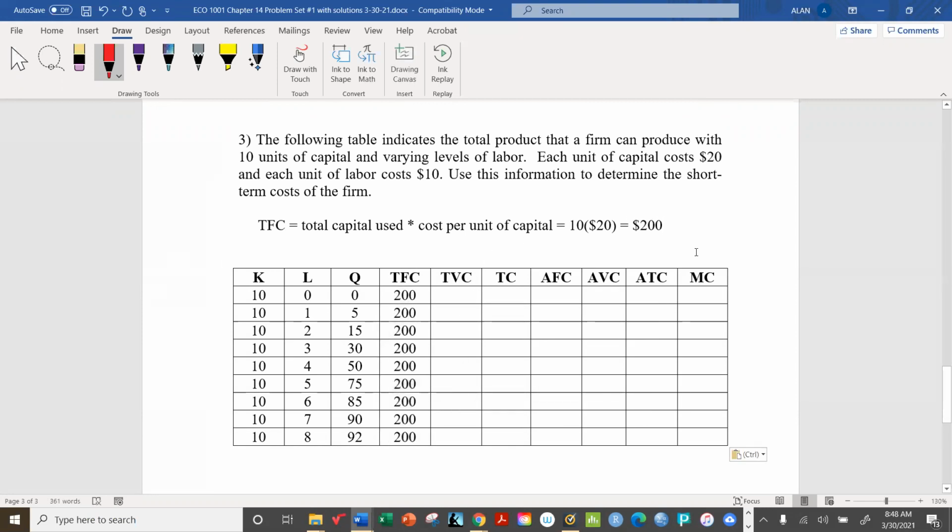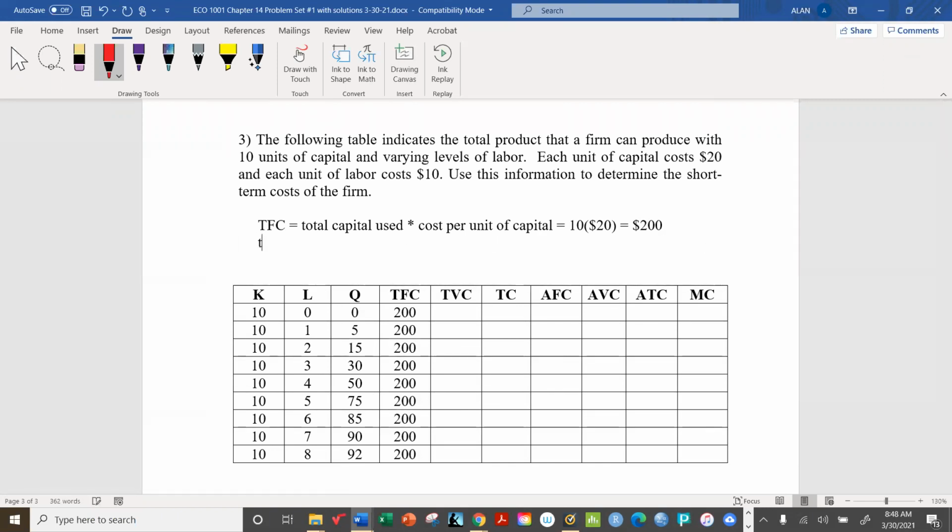The variable cost is the labor. That would be the total labor used times the cost per unit of labor. Now, for that one, we don't have the ability to produce a constant formula here because the labor changes. So all we can do here is just note that each time we increase our labor, it adds $10 more to our variable costs.